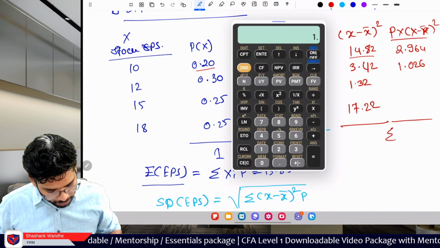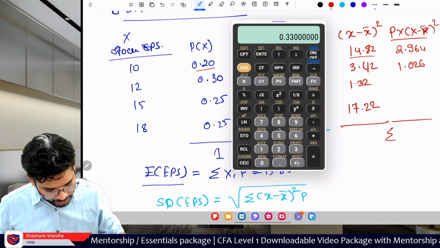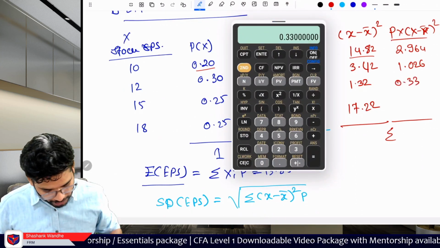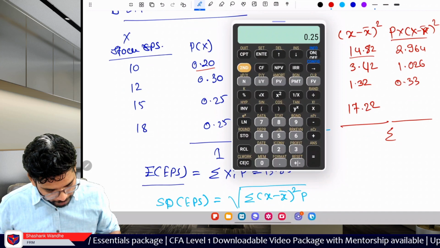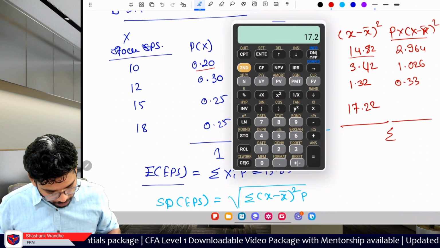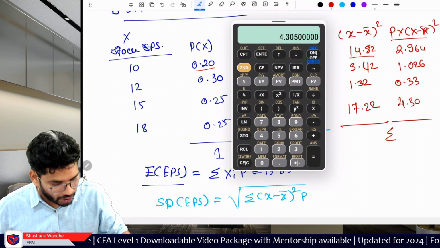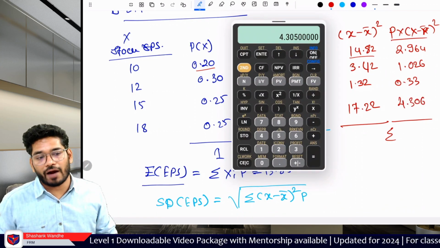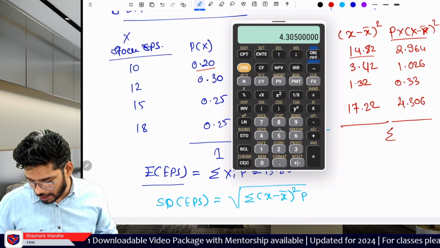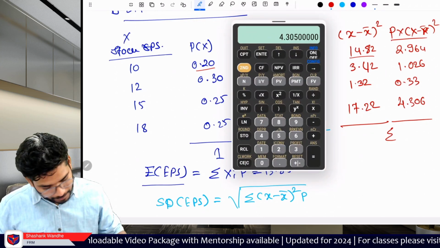Then 1.32 multiplied by 0.25 is equal to 0.33. And then 0.25 multiplied by 17.22, answer is 4.305.